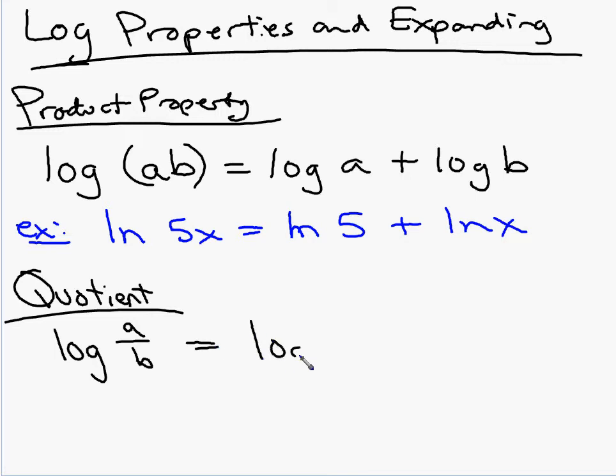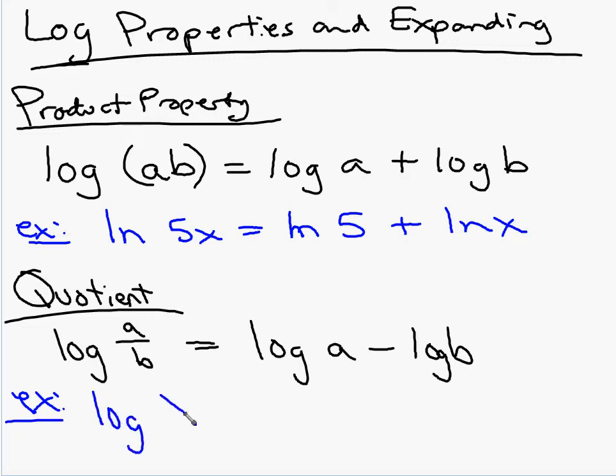This will be equal to the log of A minus the log of B. All right? So, for example, if I had the log of x over 7, I could write that as the log of x minus the log of 7.